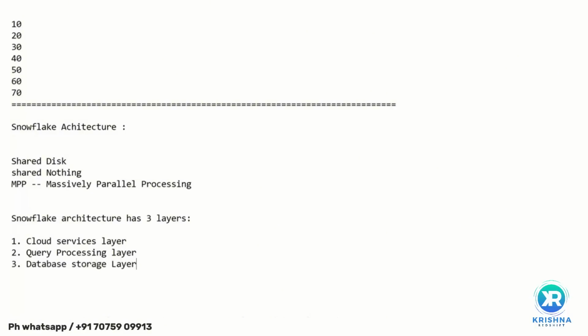So these are the three different layers: cloud services layer, query processing layer, and database storage layer.